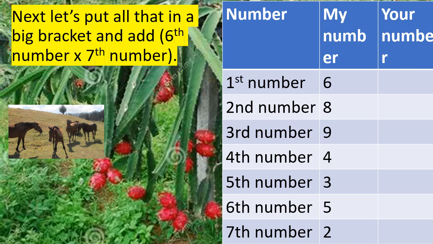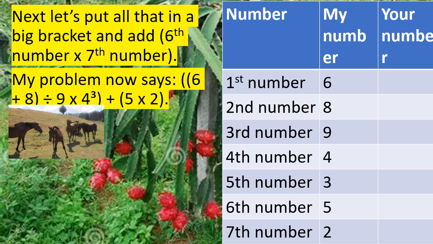Now let's put all that we've done so far in a big bracket and add, in brackets, our 6th number times our 7th number, close bracket, at the end. So my problem will now look like open bracket again, 6 plus 8, close bracket once, divided by 9 times 4 cubed, close bracket the second time, plus open bracket 5 times 2, close bracket.